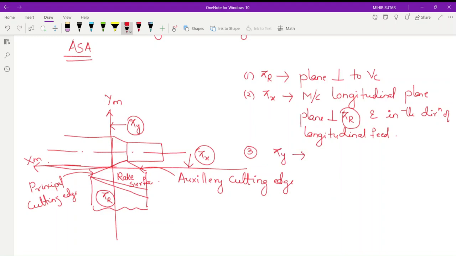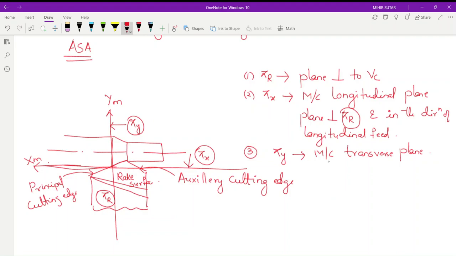This plane is known as the machine transverse plane. And what is it?